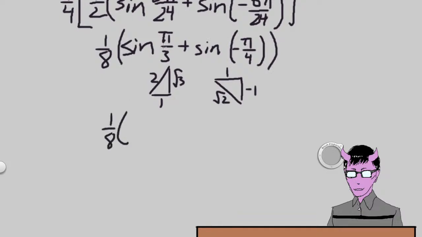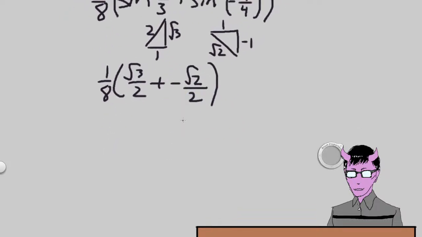Let's do the evaluation. So sine of this one, root 3 over 2, plus opposite over hypotenuse, so negative root 2 over 2. Alright. Not much to be done. Summate those two.